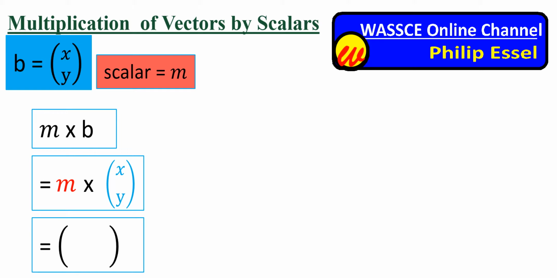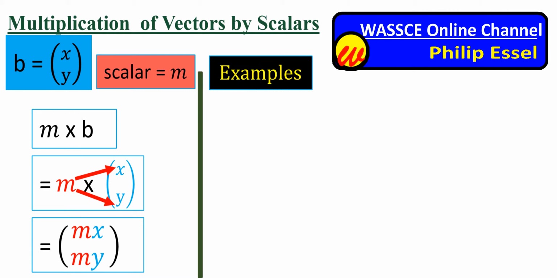So this is what we are going to do. The scalar m would first multiply the x component of the vector. M times x is mx. The scalar again would multiply the y component of the vector. So here again, m times y will be my.